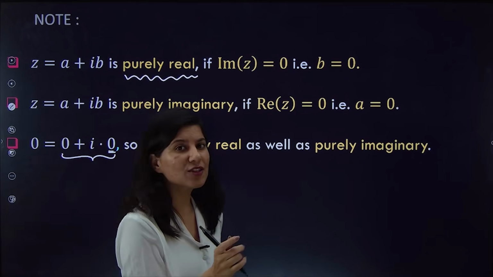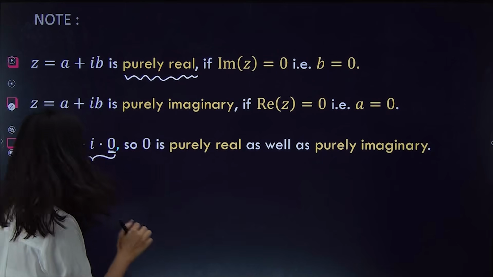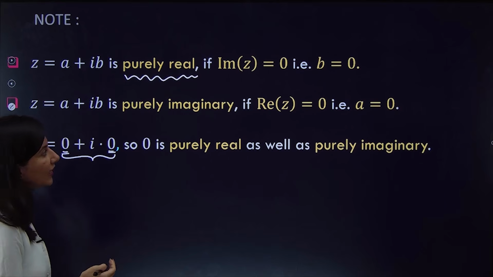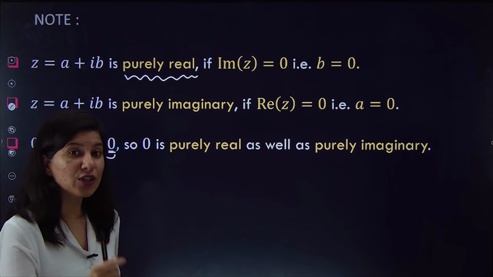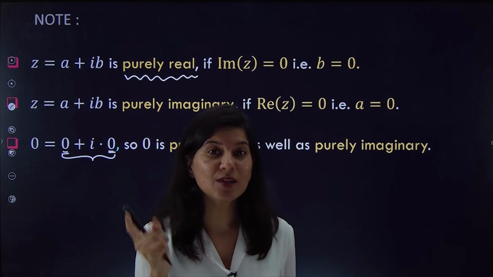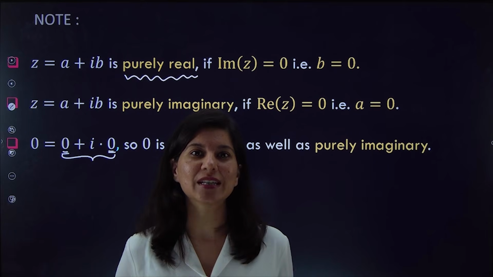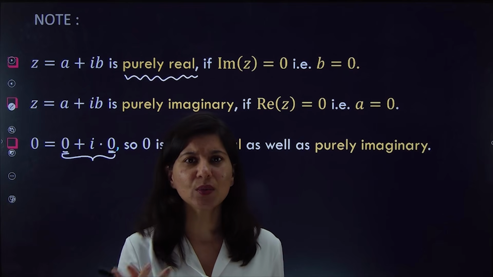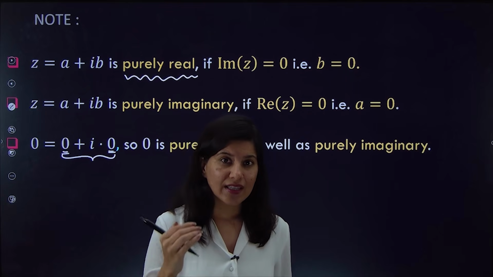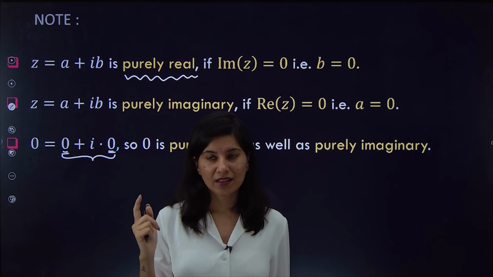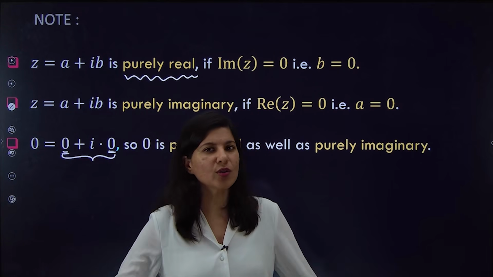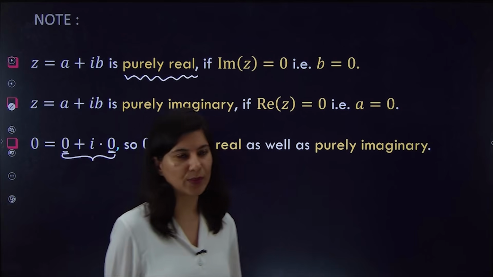For purely imaginary, your a should be 0. So here a is also 0. So this is purely imaginary as well. So 0 is the only complex number which we call purely real and purely imaginary. This you can get in your CBSE exam or your school examination, that which number is purely real and purely imaginary. So 0 plus 0 iota, or you can simply call it as 0 as well.